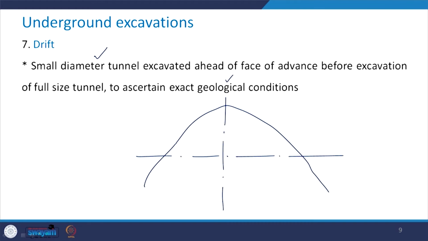Now, this is say the top part or the crown portion of the tunnel, and here you have the invert portion. So, the overburden is this much, which is H. Now, this is the face of the advance.